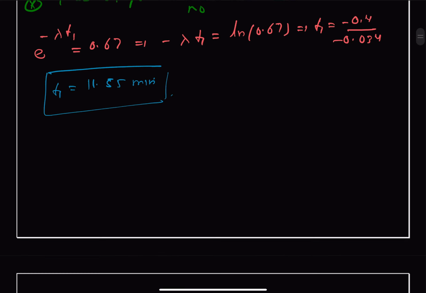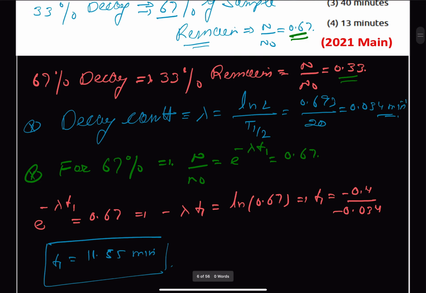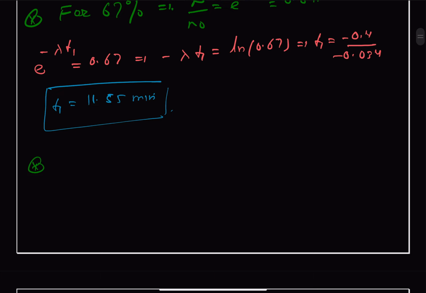Similarly, we are going to solve it for the remaining 33%. So for 33%, once again we have n upon n naught is equal to e raised to power minus lambda t2, and this is equal to 0.33.